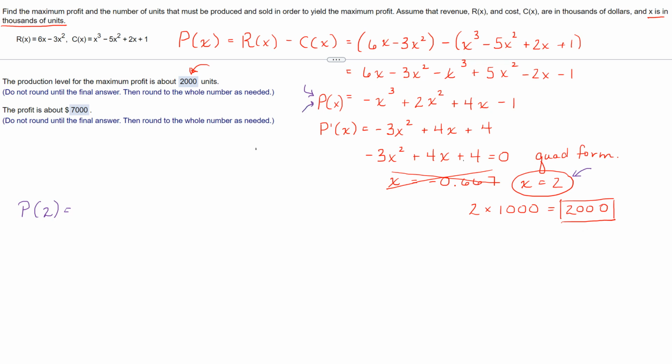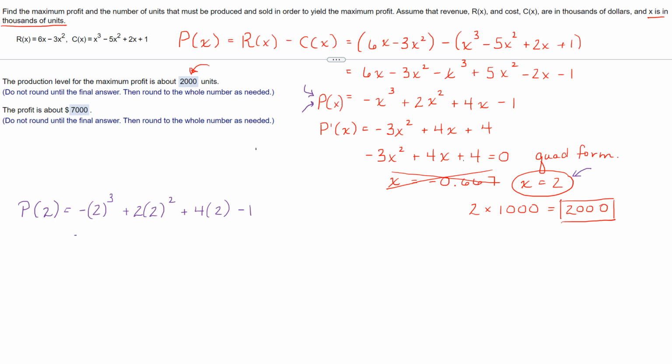So we'll have a negative 2 to the third plus 2 times 2 to the second plus 4 times 2 minus 1.